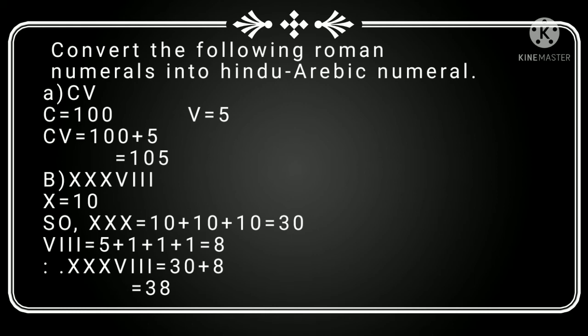The same way we can convert XXXVIII. X stands for 10, so triple X is equal to 30. V stands for 5 and triple I stands for 3. So 30 plus 5 plus 3 is equal to 38.